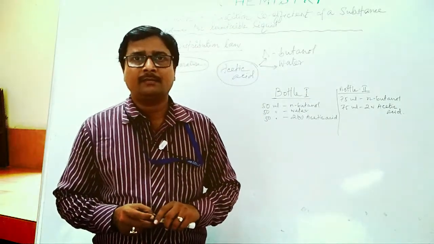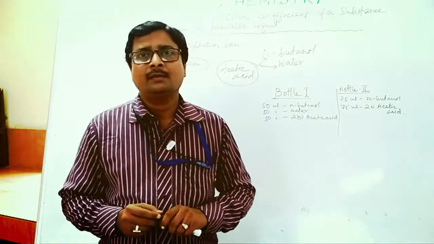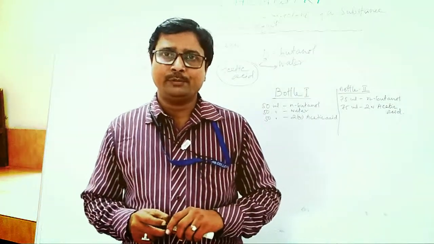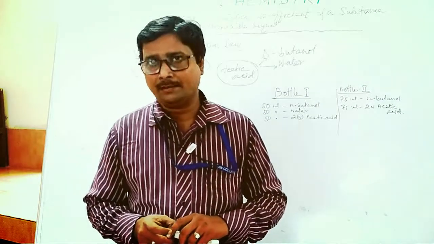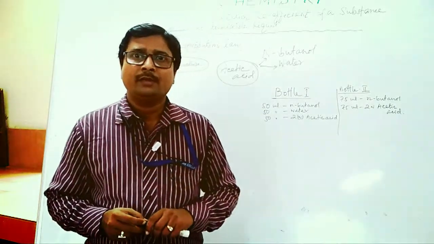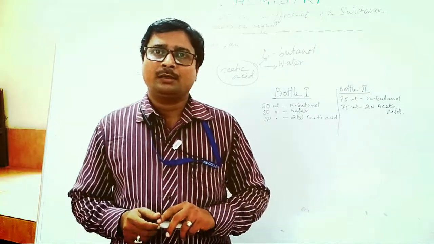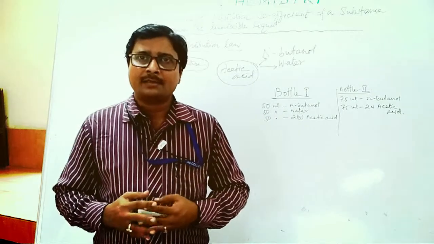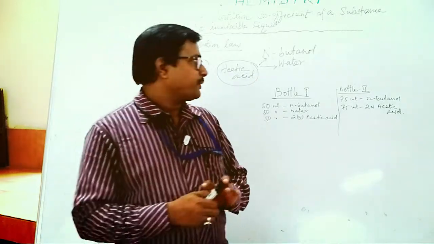The apparatus required are a 250 ml conical flask, a burette, a pipette, and also a separating funnel. That is a new one. The separating funnel is used here. Those are the apparatus required.